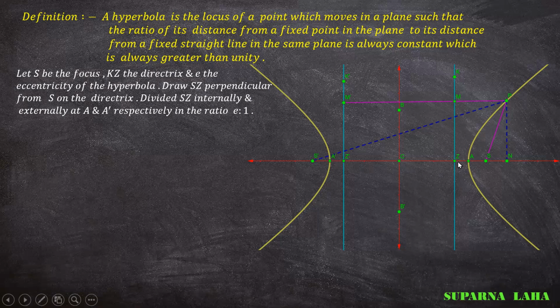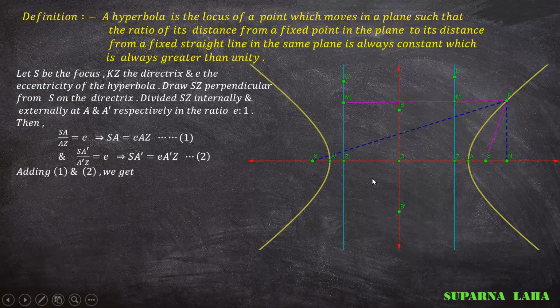So AZ and SZ are in a constant ratio, that is SA upon AZ equals E, and A dash Z and A dash S are also in a constant ratio, so SA dash by A dash Z equals E, always in a constant ratio. Now just add them and subtract them, just the same as what we have done for the case of the ellipse.